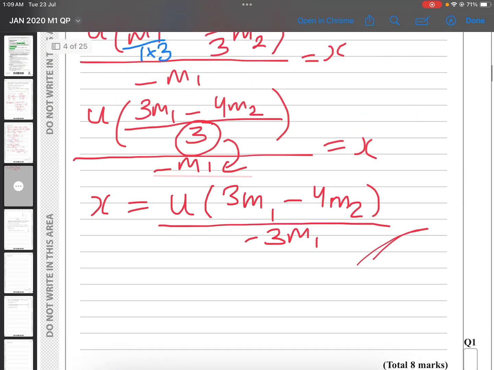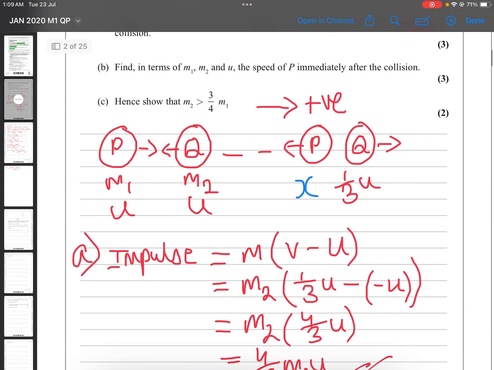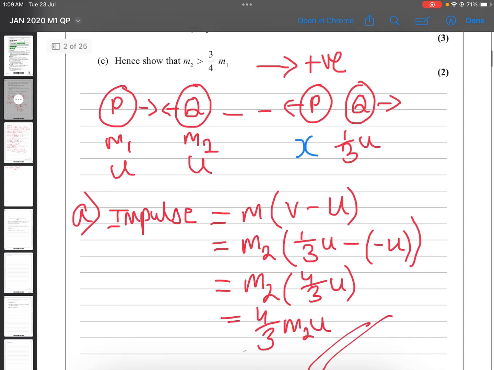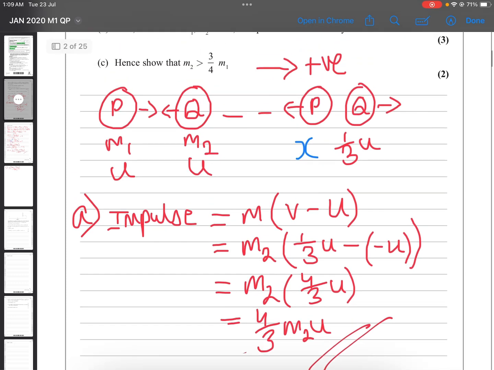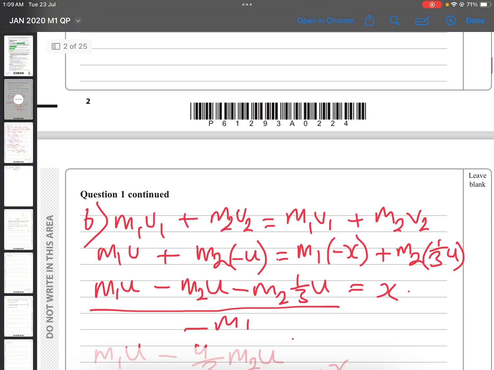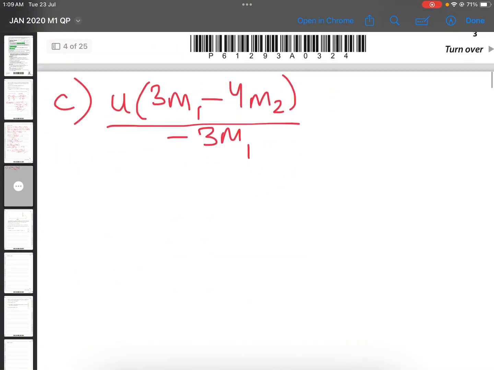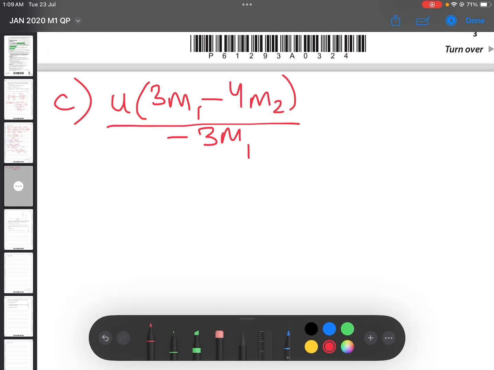And this was considered for particle P, right? And particle P was moving to the left. So moving to the left means it has a negative value of velocity, so it is less than 0.